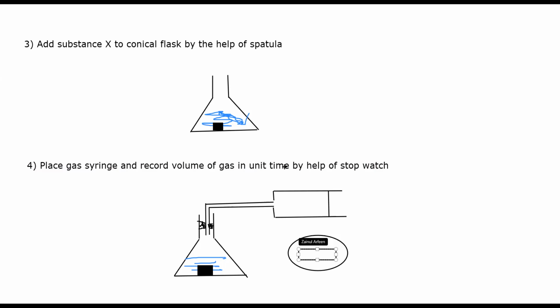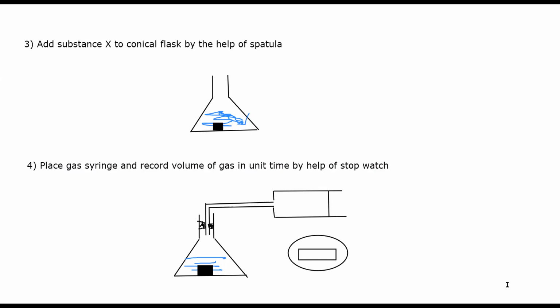not change. Then what we will do, we will filter, because we want to remove substance X from this mixture. So we will filter and dry X from the mixture.